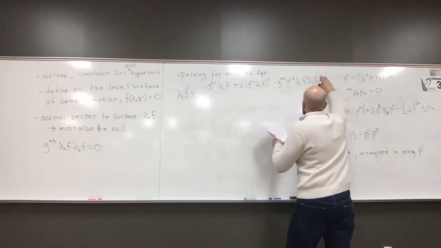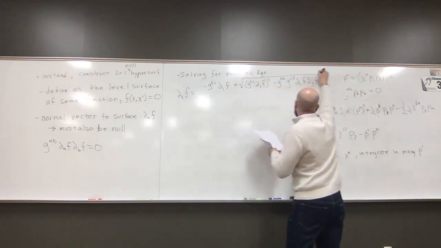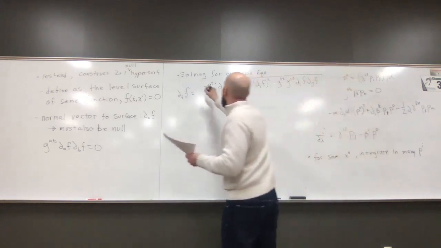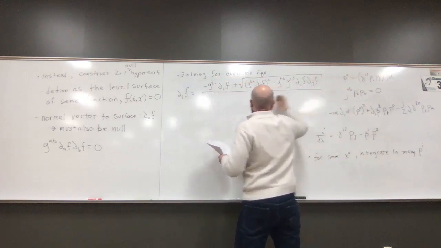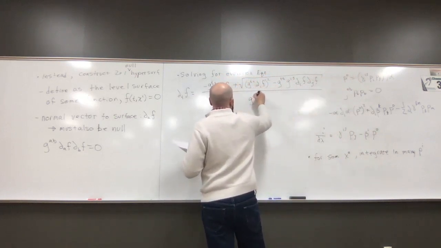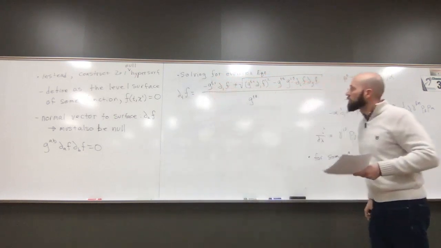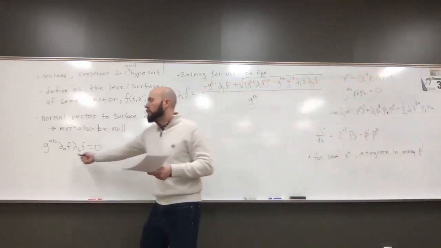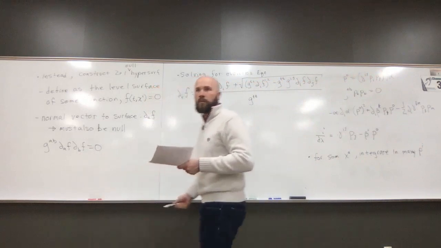Like that. And then all of this divided by the time component of the metric. So that's just an evolution equation that comes from this, is all.